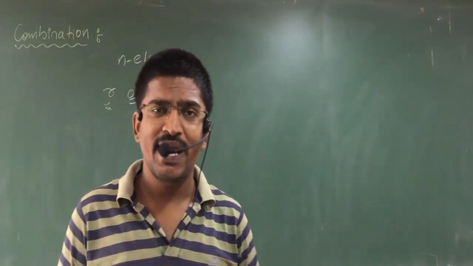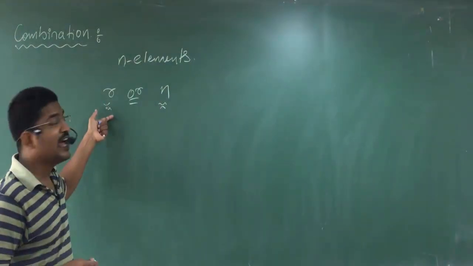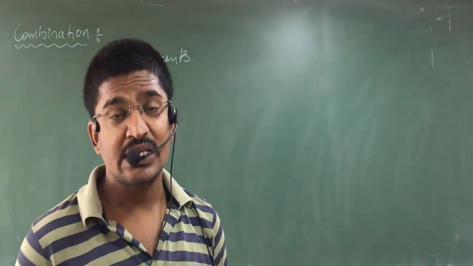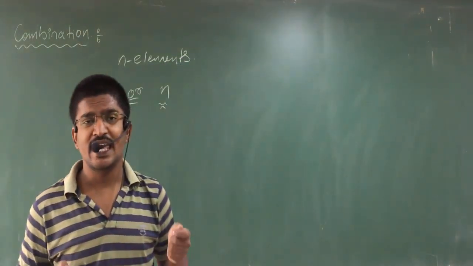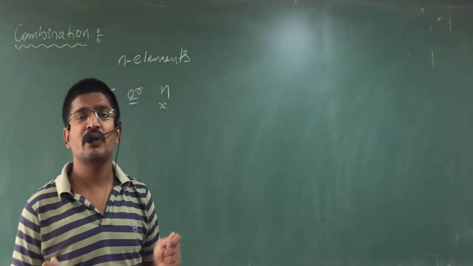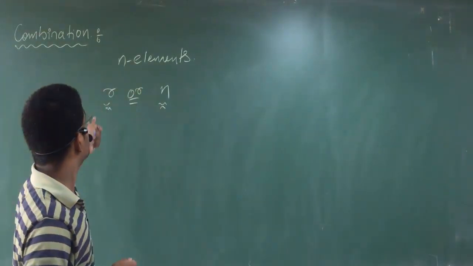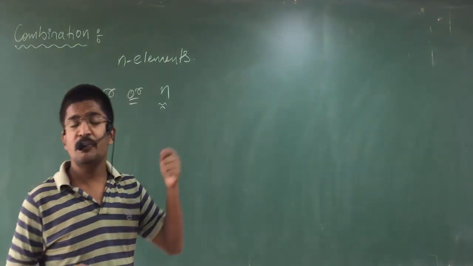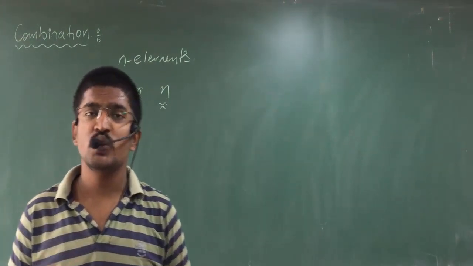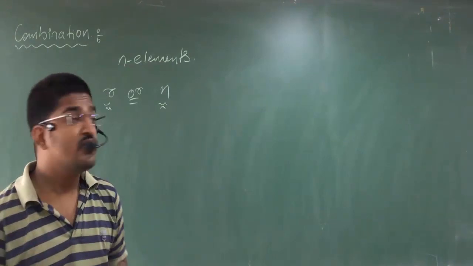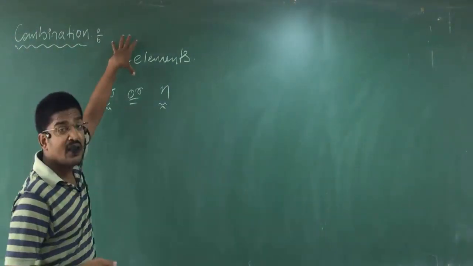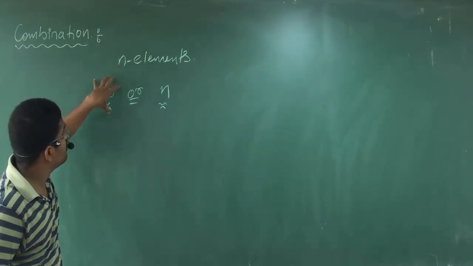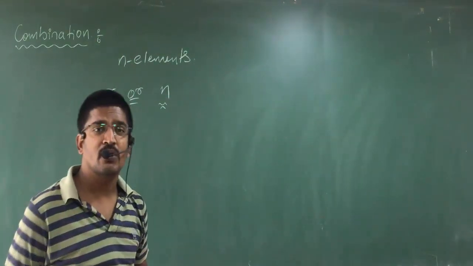By taking R number of elements, here I will make groups. But in the permutation what we used to do, we used to arrange the elements. So from n number of elements I am taking R number of elements and making groups from them.